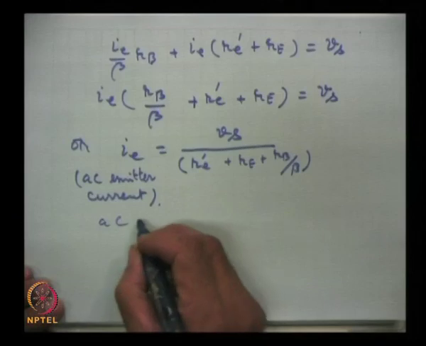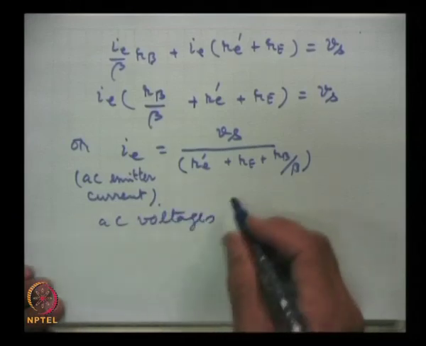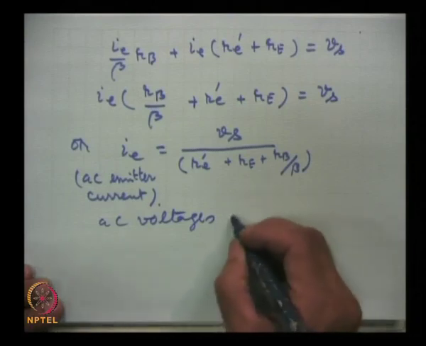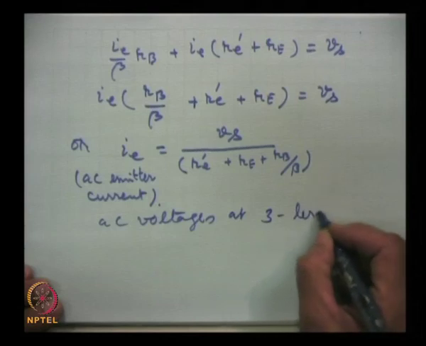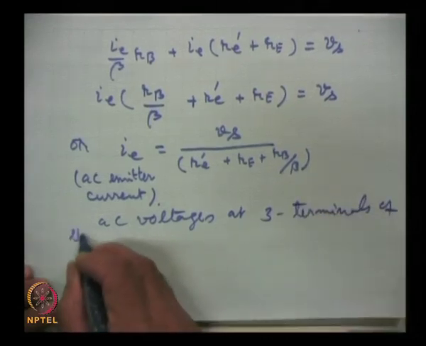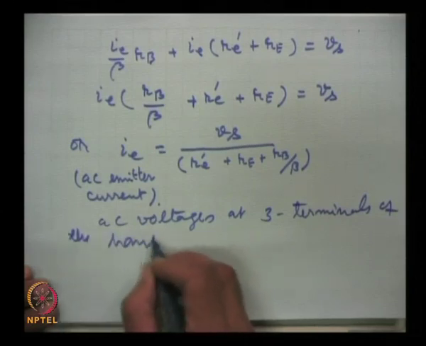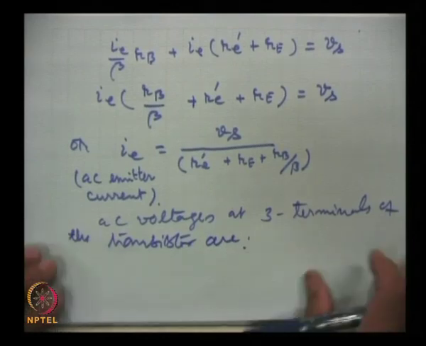So, AC voltages at the three terminals of the transistor are these.